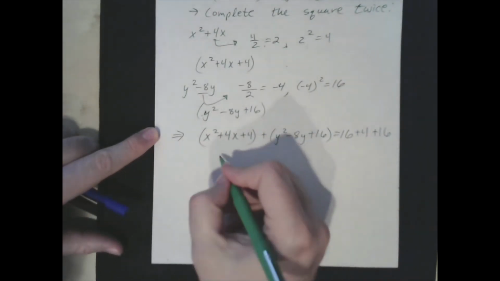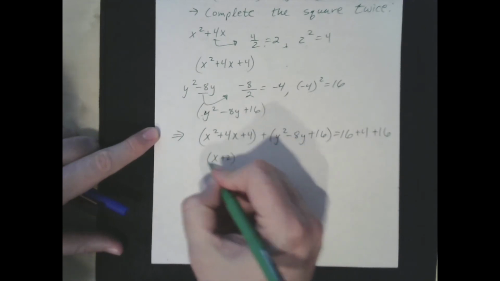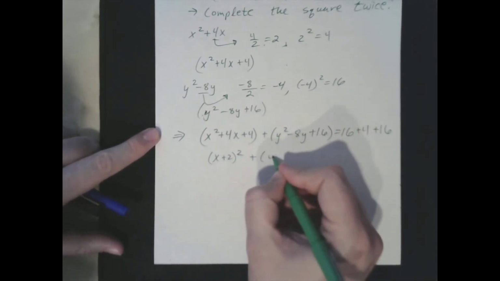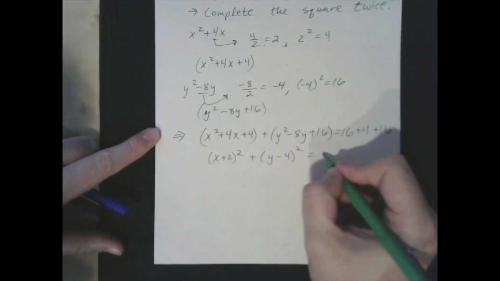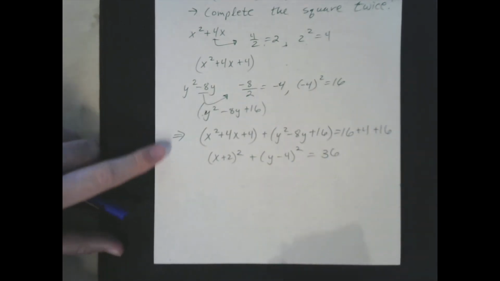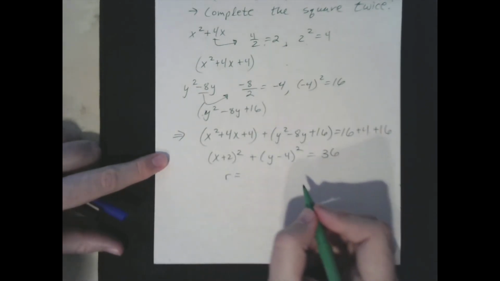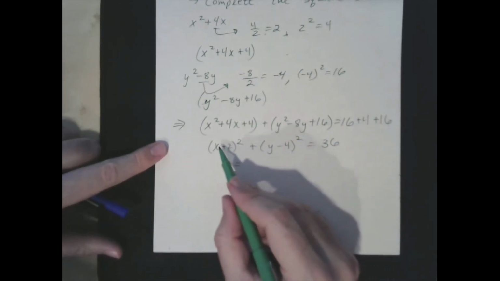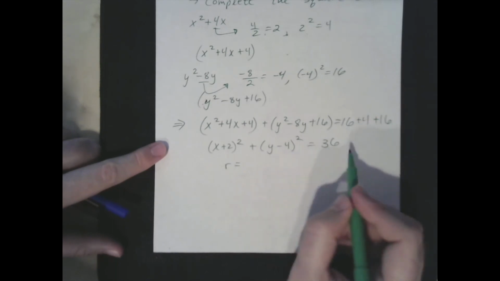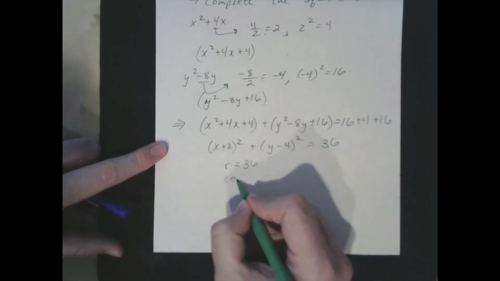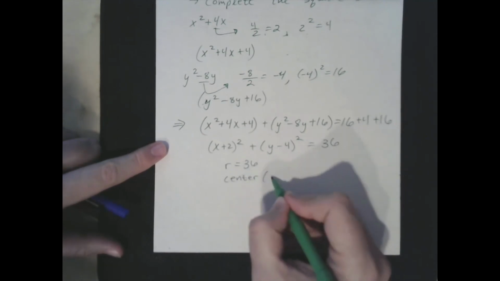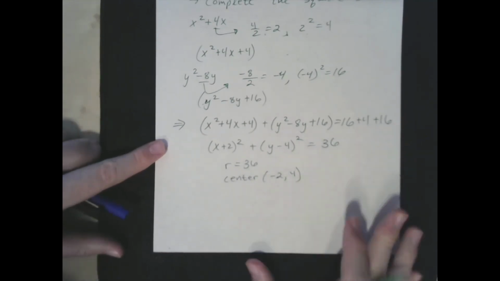And we get x plus 2 quantity squared plus y minus 4 quantity squared equals 36. So this is a circle. It's x minus h squared plus y minus k squared equals r squared. R squared is 36, and our center is at negative 2, 4.